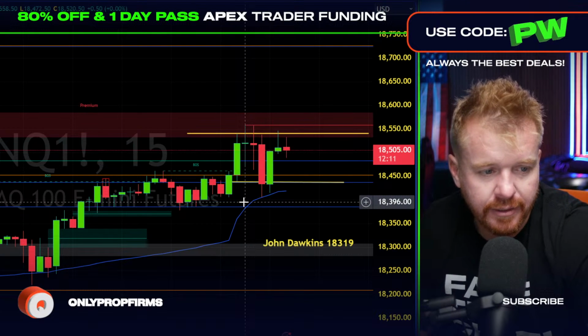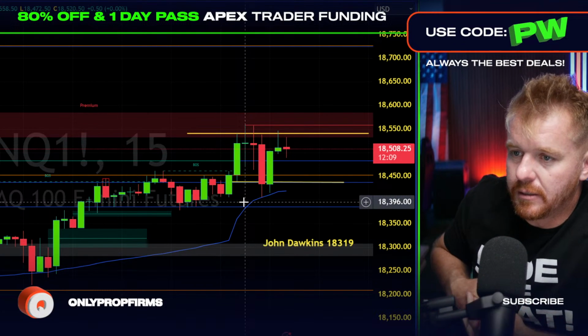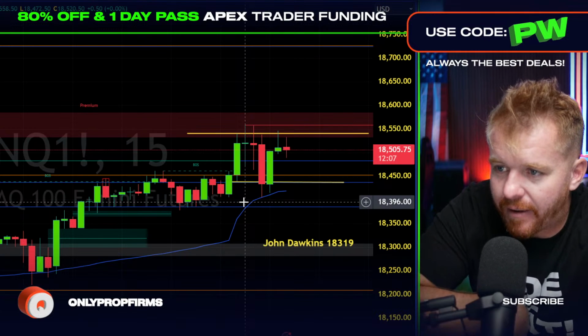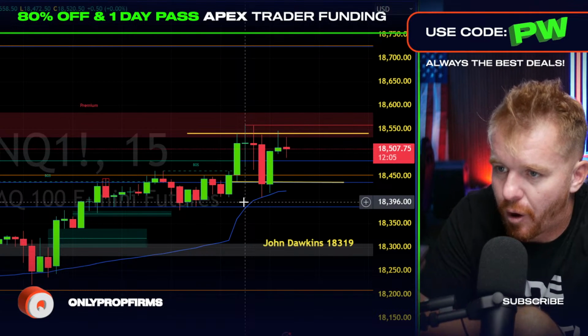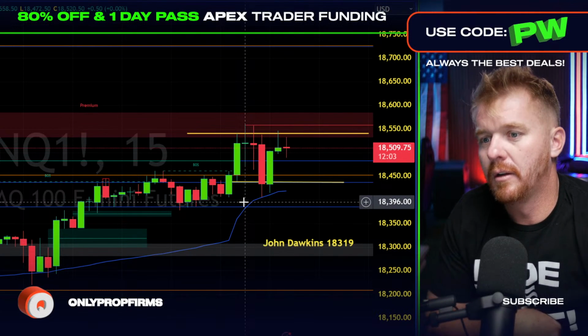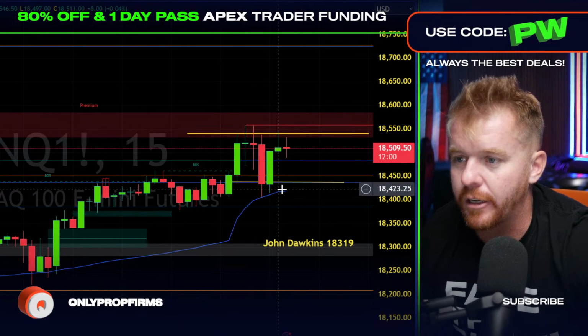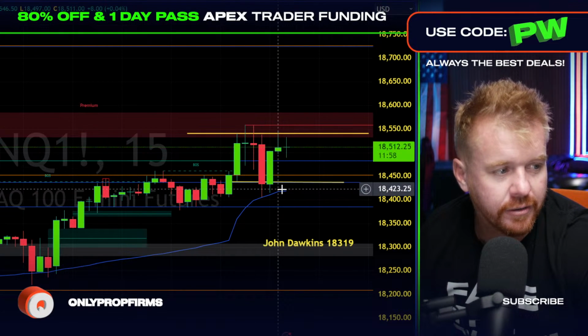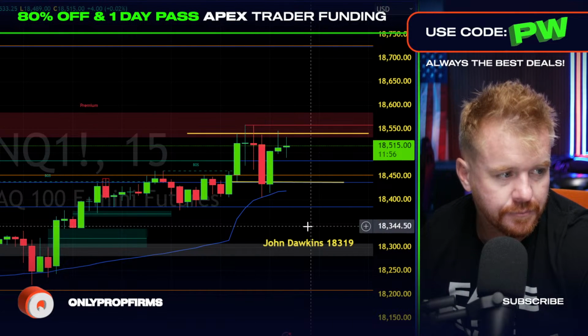I think it's time to walk away here. The bulls are still just trying to defend that 500 level. We bounced off the VWAP. We're trying to put in a higher low. I don't think the bears are in control above 500 again, so.